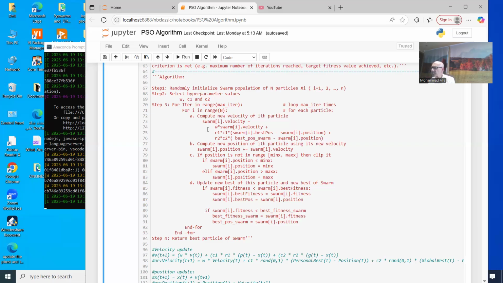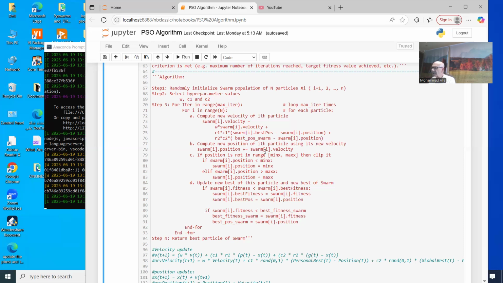Knowing the new velocity, we can find the new position. Updating the velocity makes it possible to find the new updated position of the particle.